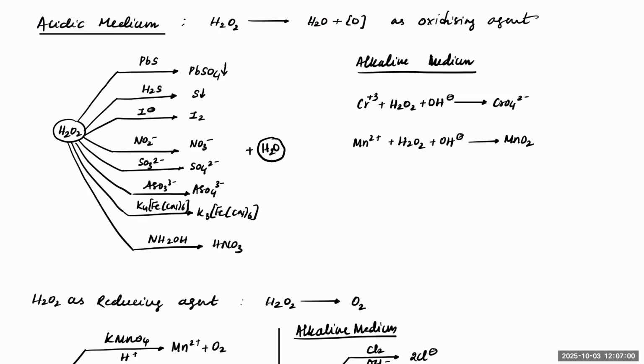So if you remember, I just wrote the list also, right? That's why I told you peroxide in acidic medium has a very strong oxidizing nature. In fact, if you have Cr plus 3, it can oxidize into CrO4 2 minus in basic medium.